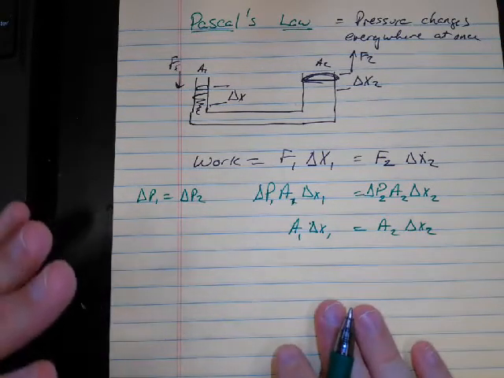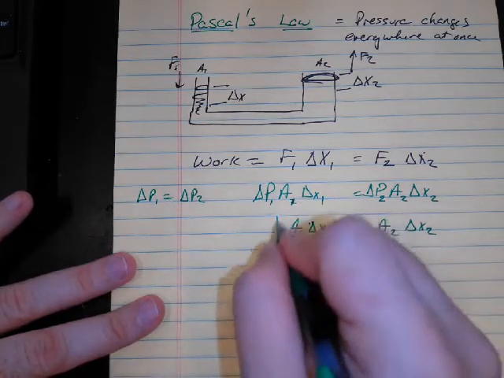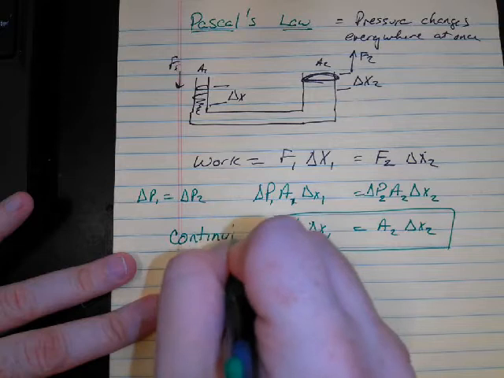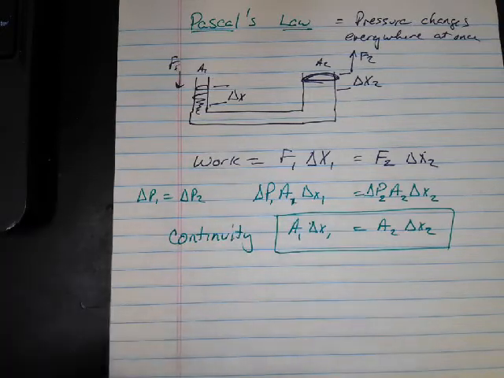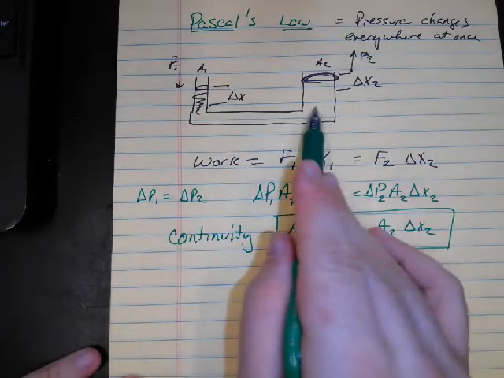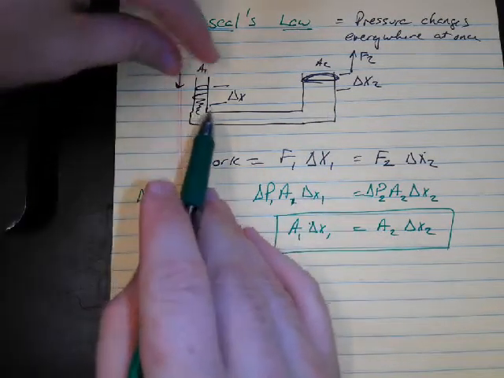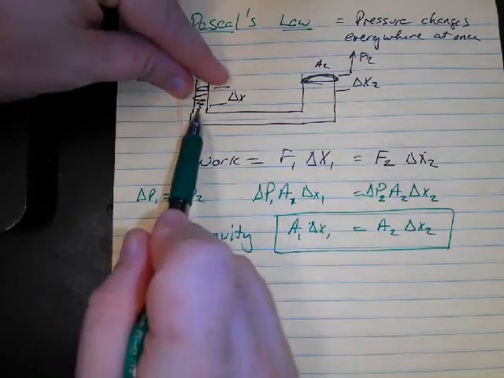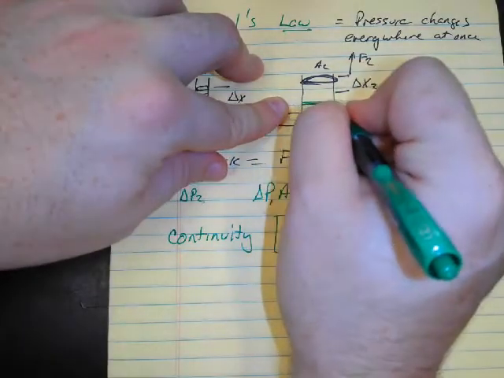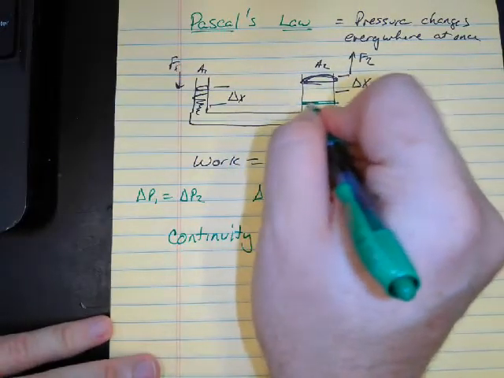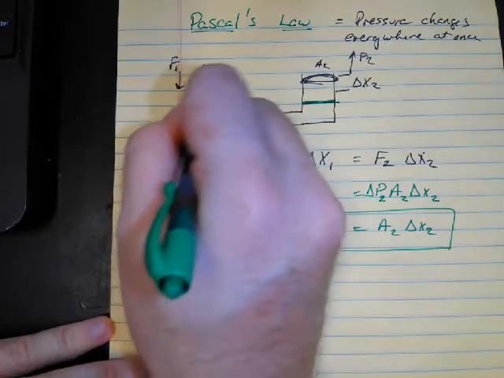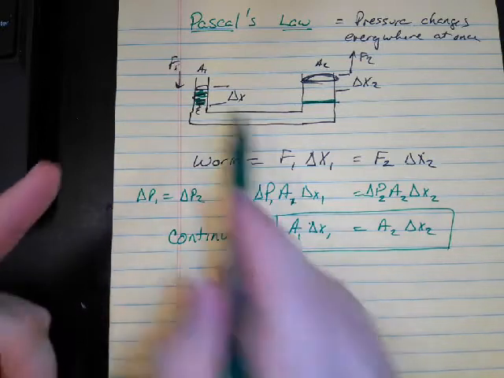This is what's called continuity. It says the volume of fluid that moves here has to equal the volume of fluid that moves there. So if we move a drinking straw's worth of fluid here, you'll have a very shallow amount of fluid on that side, and it results in a fairly big amount moving on the other side because they're different areas.